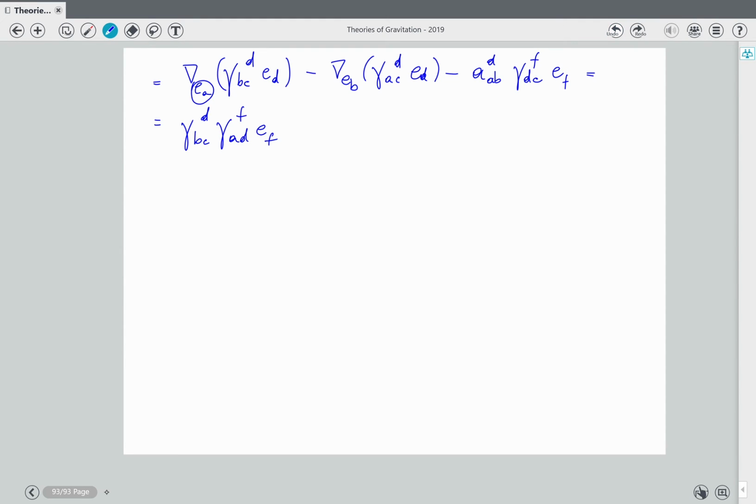This time the functions don't get out completely, but there is an extra contribution obtained by acting by means of the vector field EA on the functions like that. Then the second contribution is the same with A and B exchanged. And the last one is what it is.